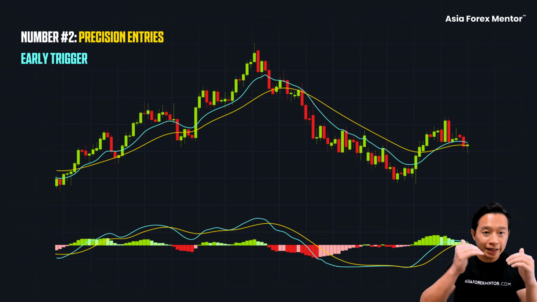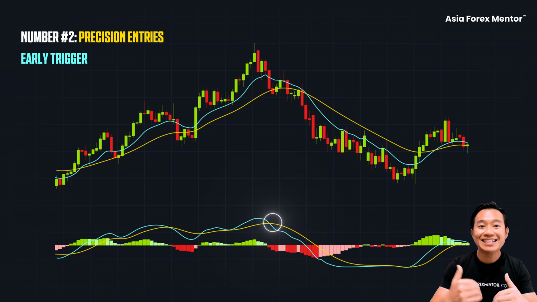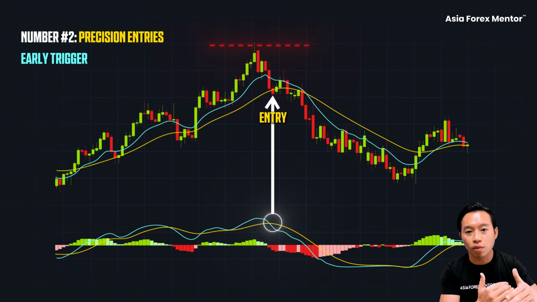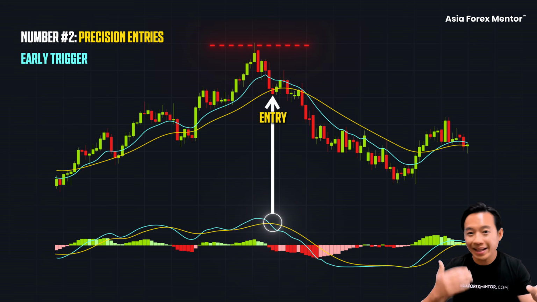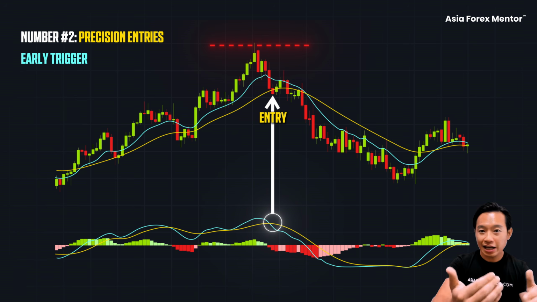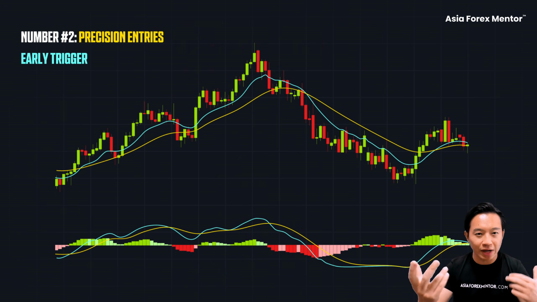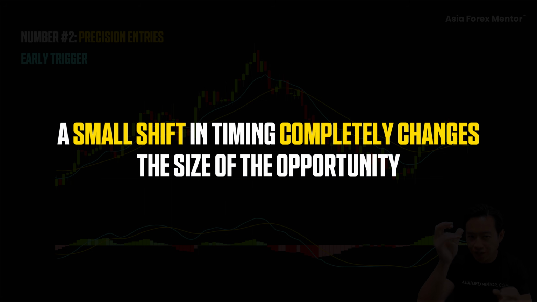While the MACD crossover at the bottom started earlier, therefore your entry is earlier, it gives you a tighter stop loss, a better risk to reward ratio, a better entry spot as well. That lets you capture more of the move because you entered earlier. This proves what? How a small shift can completely change the size of the opportunity.